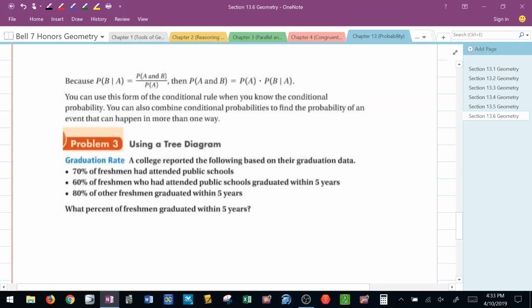All right, the third type of scenario that we have to deal with here can kind of be broken down a little bit using this idea. So here's what we started off with in today's lesson. We said the probability of B given A is the probability of A and B divided by the probability of A, the probability of what was given. If I solve this as an algebraic equation, I get that the probability of A and B is the probability of A times the probability of B given A. All right?